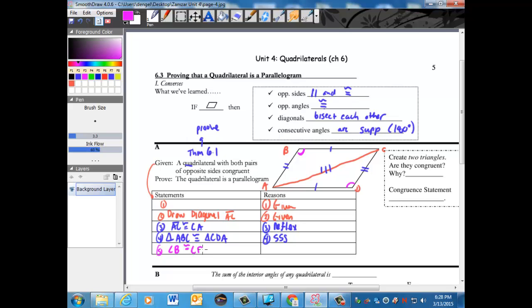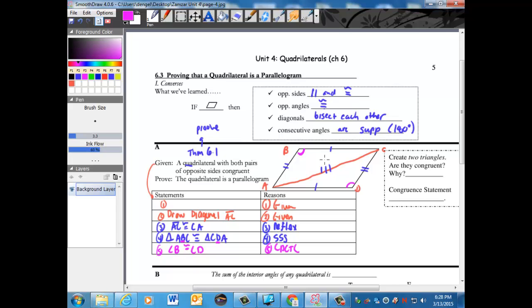Angle B is congruent and equal to angle D. Well, if you look at triangle ABC and triangle CDA, if you underline B and underline D, these are the same angle in those 2 triangles that are each congruent. Therefore, I can say that by CPCTC, these 2 angles are each congruent.